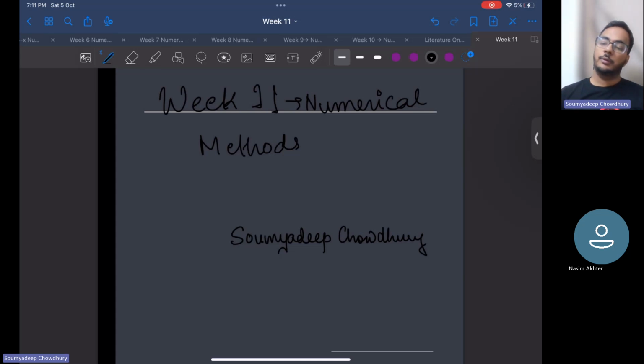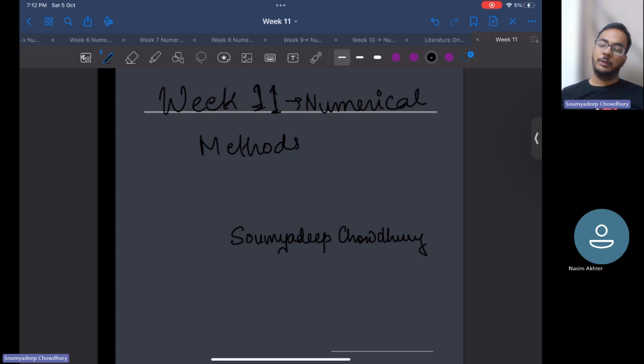Today, the same topic we'll be looking into for the next two classes. So today we will be taking up the error analysis. That is, what is the order of the error, how you can find the error in the different numerical techniques which we had discussed last class.